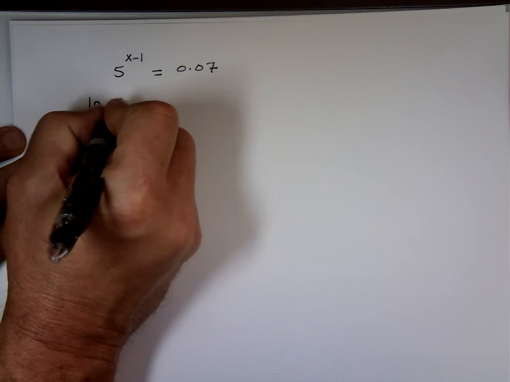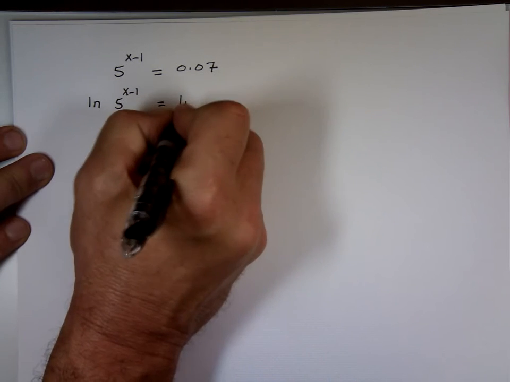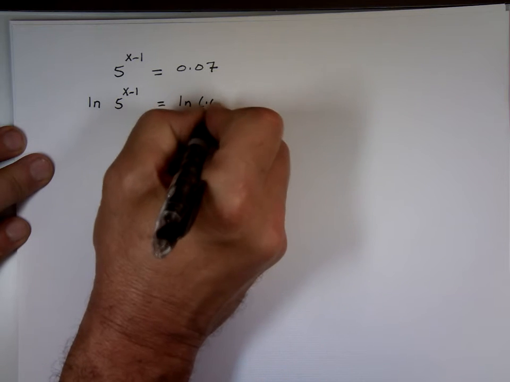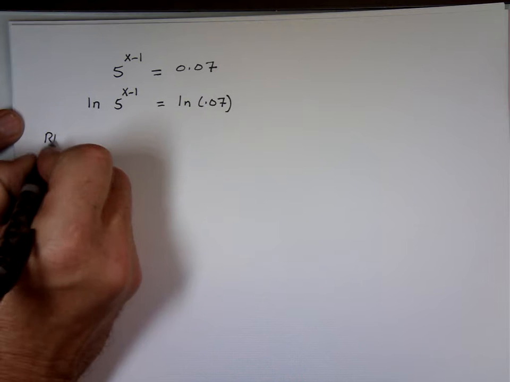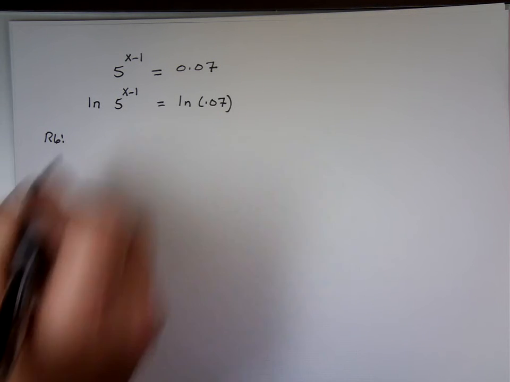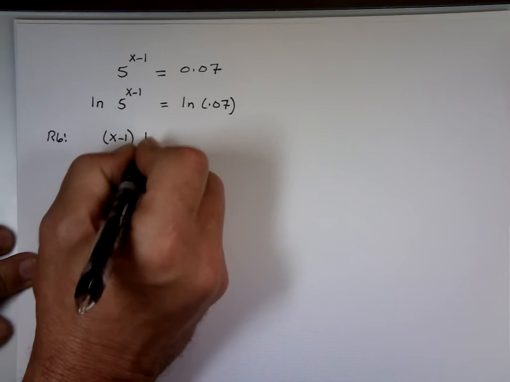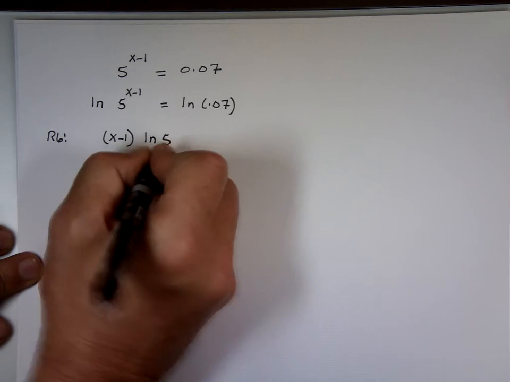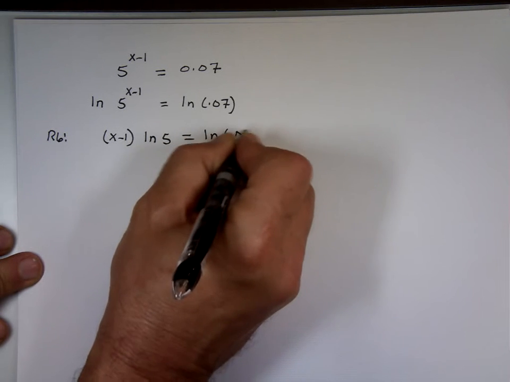Natural log of 5 to the x minus 1 equals natural log of 0.07. Rule number 6, that's the exponent rule. It says take that exponent to the front, times the natural log of 5 equals the natural log of 0.07.